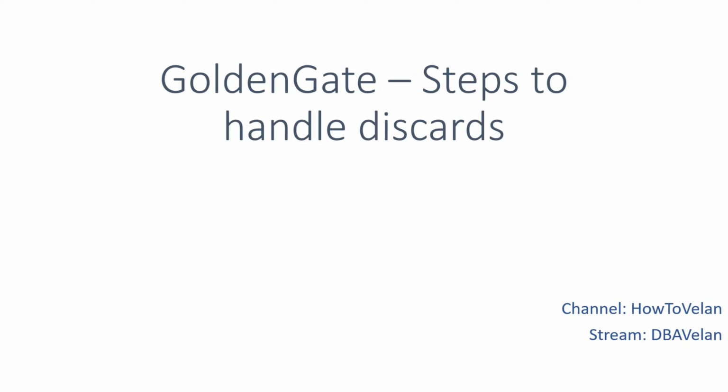Since we do not have a primary key or unique key with not null constraint, there is a possibility that Oracle may have discards. The reason is, if you do not have primary key or unique key columns, Oracle GoldenGate will try to construct the key column on its own, and that key column may not be proper.